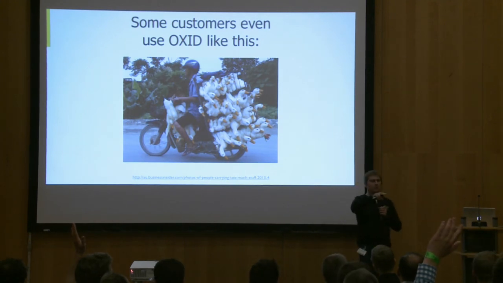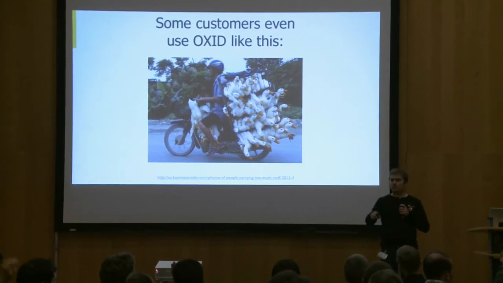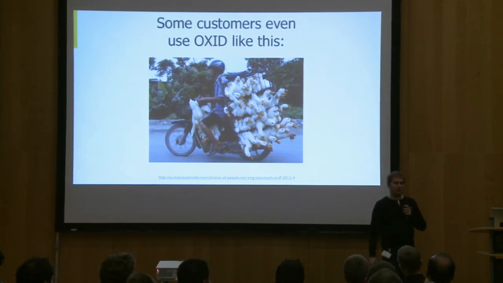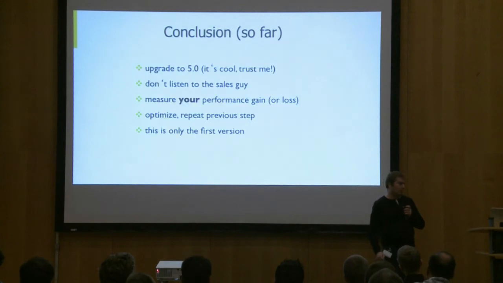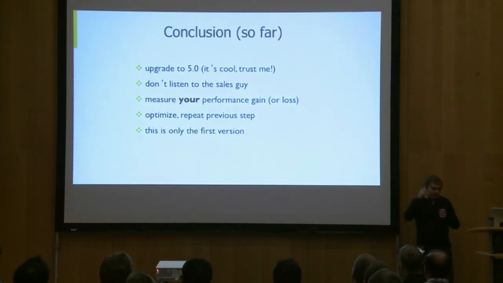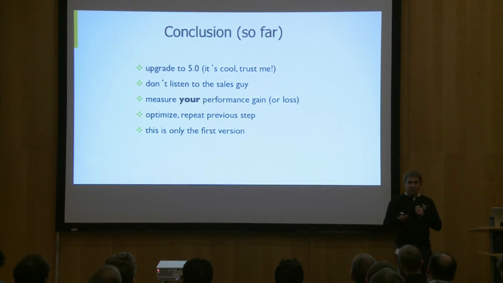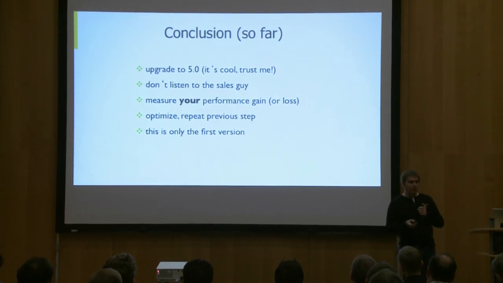Okay, so two, three shops are using it in production. Okay, conclusions are upgrade, try it out, it's cool, but don't listen to the sales guy. You will see maybe a performance gain, or maybe you will see a performance loss.